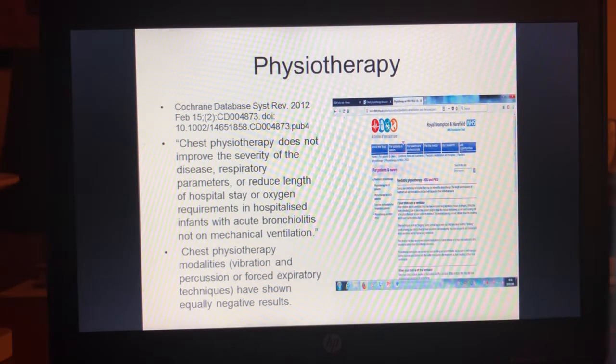We were fortunate, in fact, at the time, to have physiotherapists with considerable experience from the Brompton Children's Hospital who were treating wheezy, lower respiratory tract infection children with neuromuscular disease on long-term ventilation. And so they brought over and translated that experience to our bronchiolitis population.